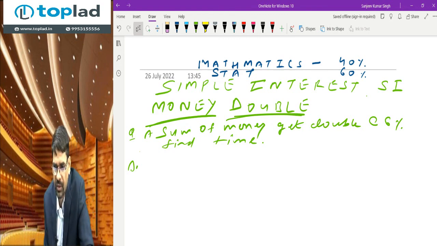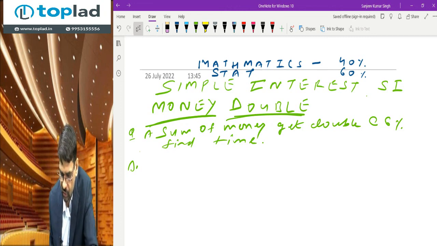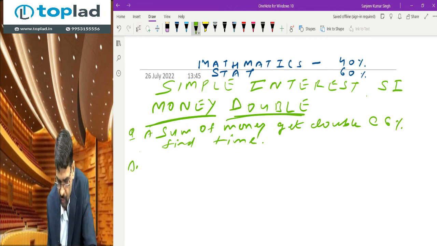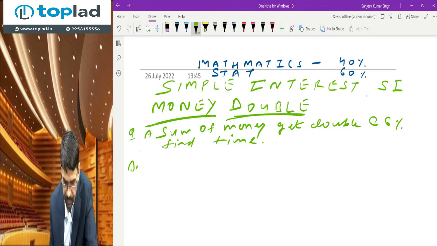So friends, I think 5 minutes is over. So we will solve this question for you. Our question is, a sum of money gets double at the rate of 6%. Find time. Our formula is RT is equal to 100.